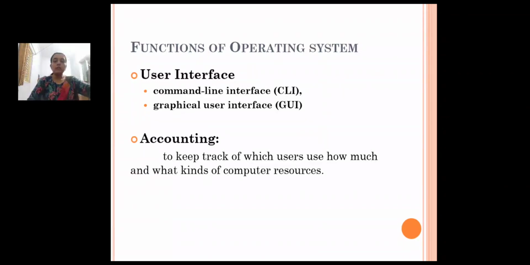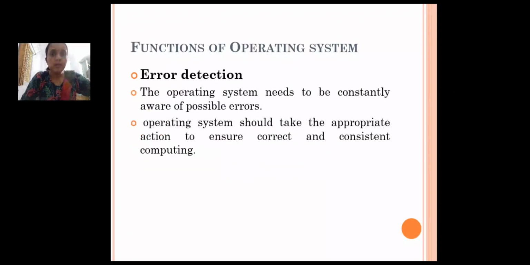Then accounting: managing the accounting information to keep track of which user is using how much and what type of computer resources is done by the operating system. Then error detection: errors can occur during the working of the computer system, like in the CPU or memory, at the time of input output access, or from some user action.